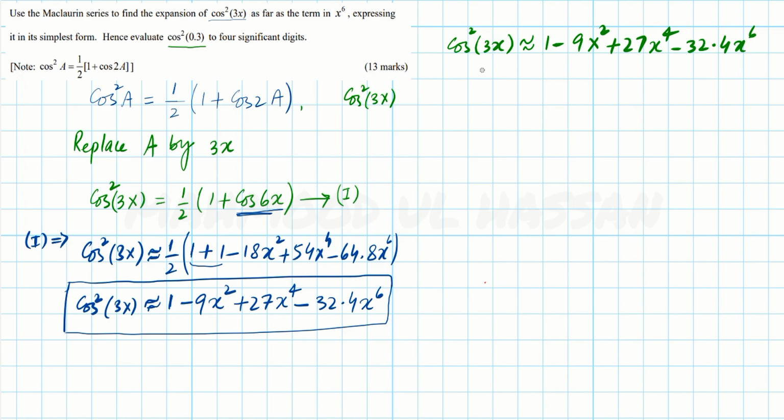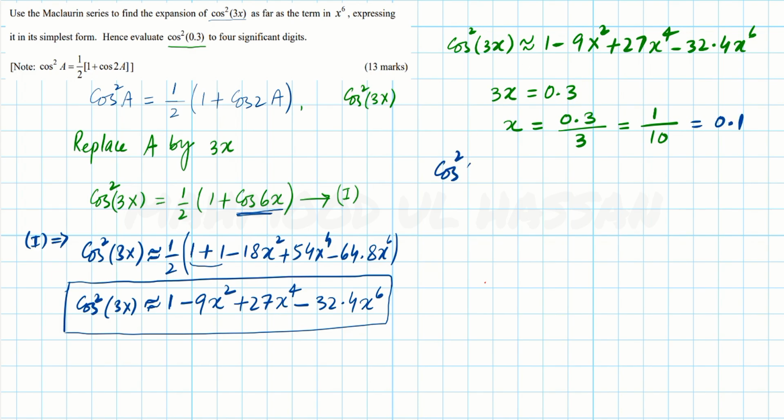Here you can see the argument of cos square is 3x, so we have to put 3x as 0.3. So the value of x would become 0.3 divided by 3, that is basically 1 divided by 10. So we have to put 1 divided by 10, meaning 0.1, in the above expansion.